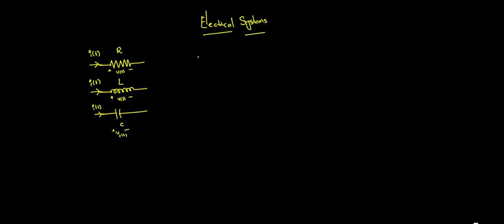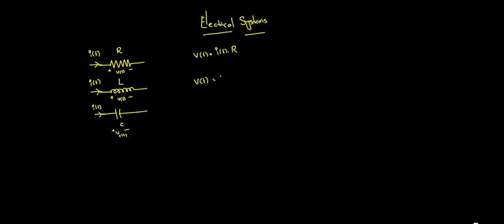Now the voltage across the resistance can be written as V of t is equal to I of t into R. Similarly, the voltage across the inductor can be written as L into dI of t by dt. Don't confuse that I am taking just V of t; these are respective notations.